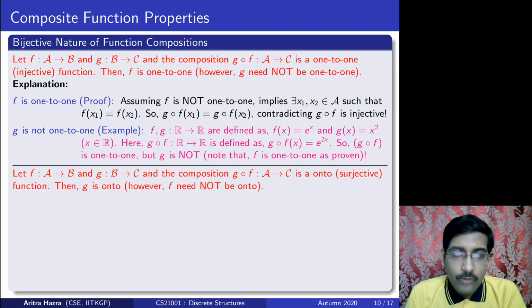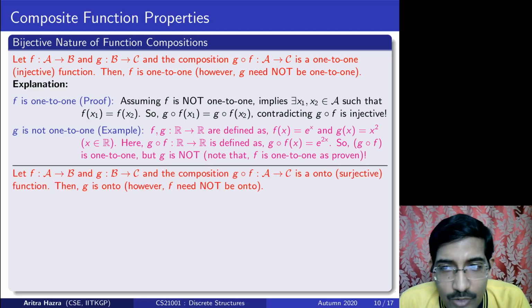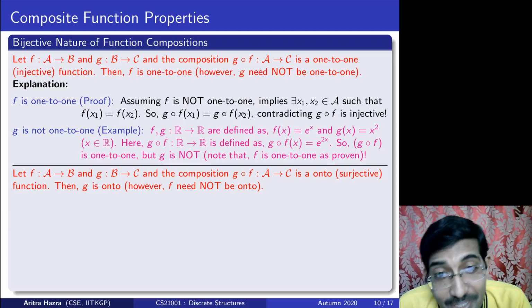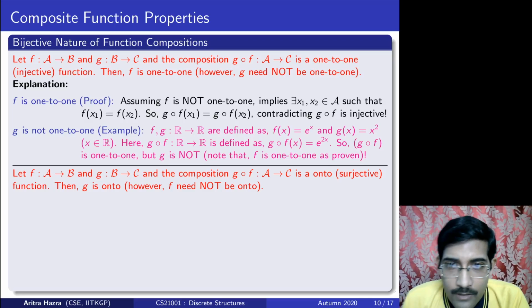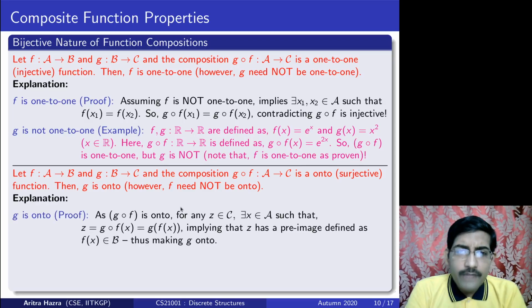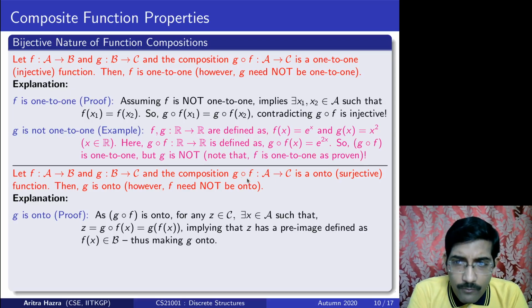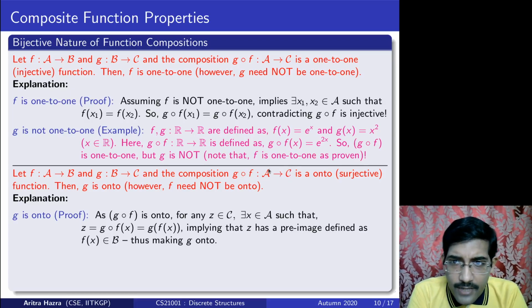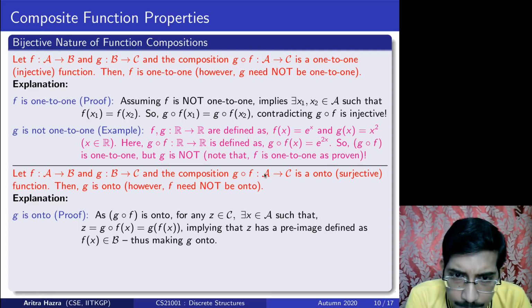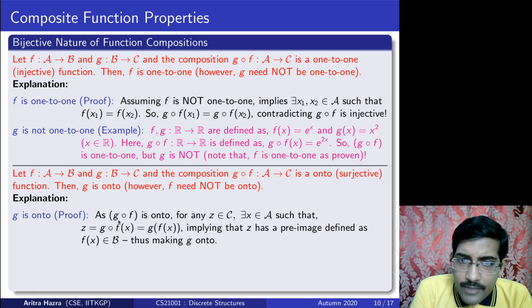The counterpart: if g∘f is onto, then g is onto, but f need not be onto. On similar lines we can prove that if g∘f is onto, then for any z, I should get a pre-image such that z becomes g of f of x.